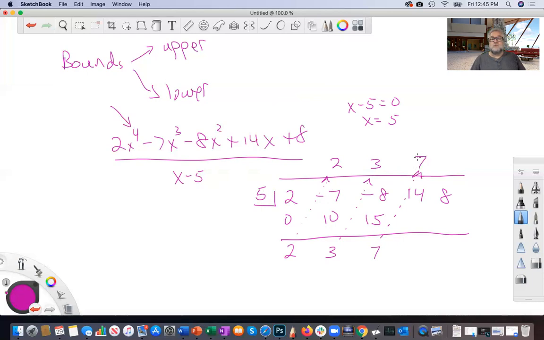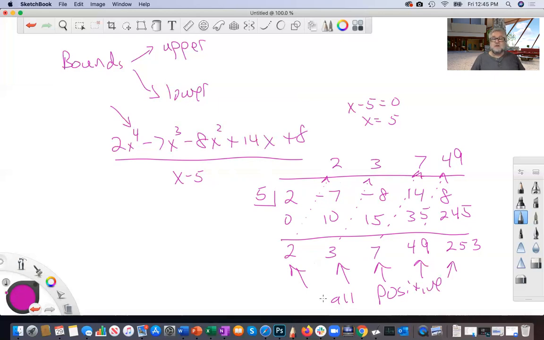So the 7 goes up here. 5 times 7 is 35. Add, 49. 49 times 5 is 245. Add, I get 253. Notice, all of these terms are all positive.